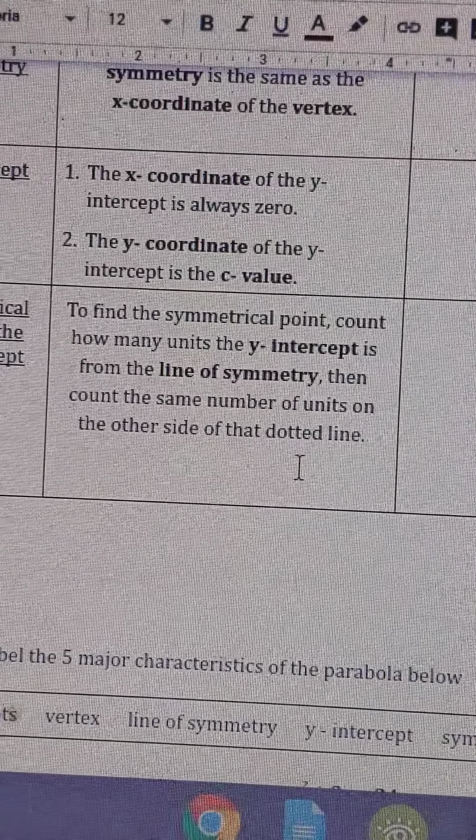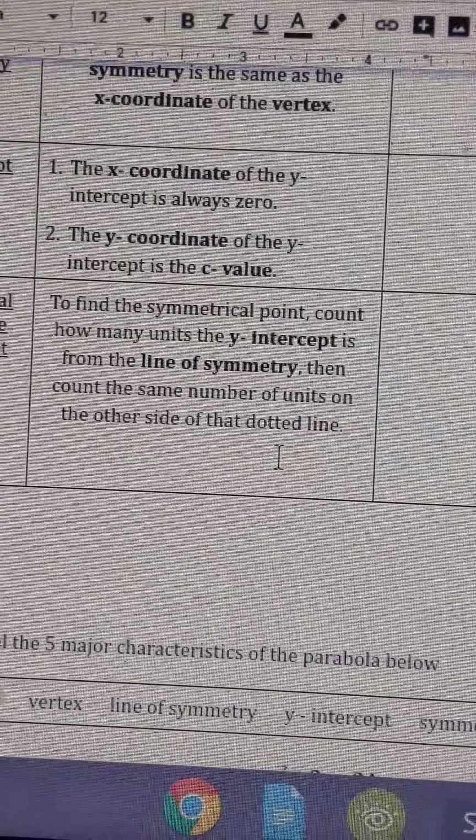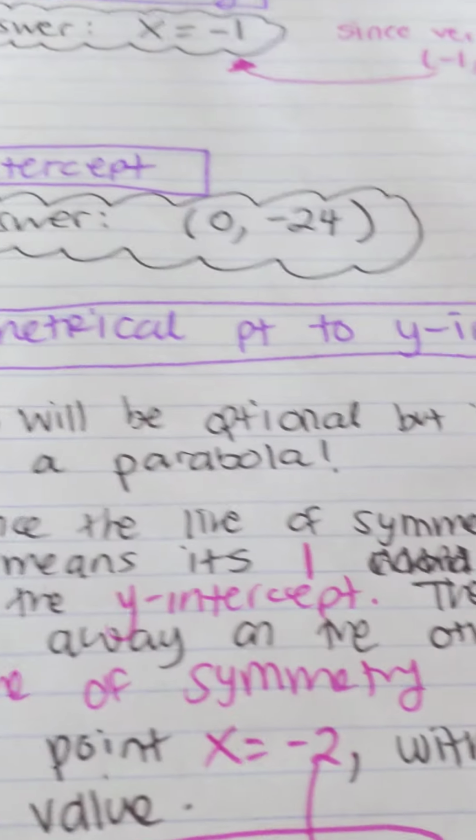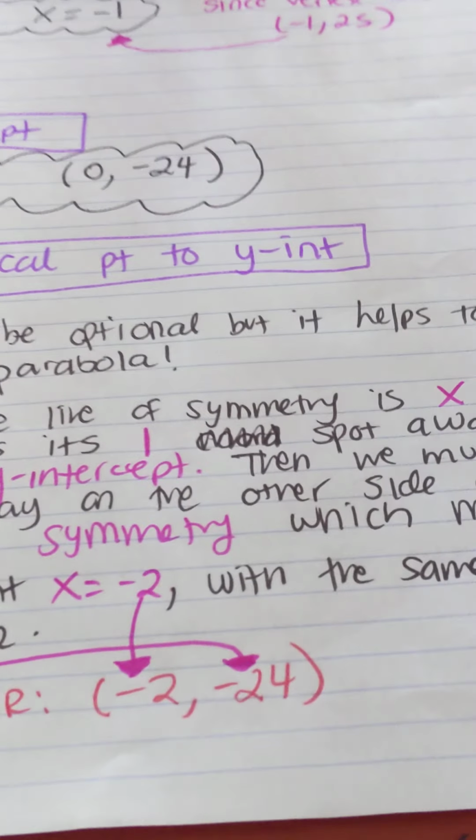Symmetrical point to the y-intercept. To find the symmetrical point, count how many units the y-intercept is from the line of symmetry. Then count the same number of units on the other side of the dotted line. Okay? This will be optional, but it helps you draw a parabola.